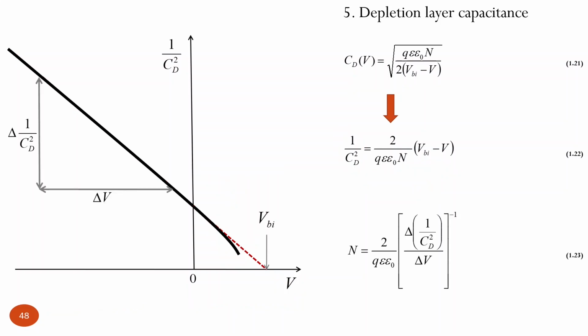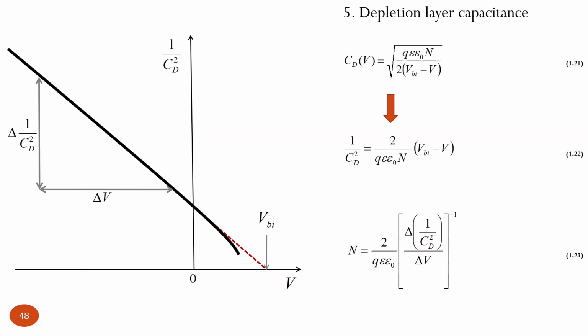And also, what is very important, we can determine the concentration of doping centers in our material. Assume that you have some material with unknown properties, so you don't know how many of the added impurities actually became electrically active and contribute to doping. So you need to measure the so-called doping efficiency, the ratio between added doping centers and the concentration of those centers which are ionized and contribute to actual doping.